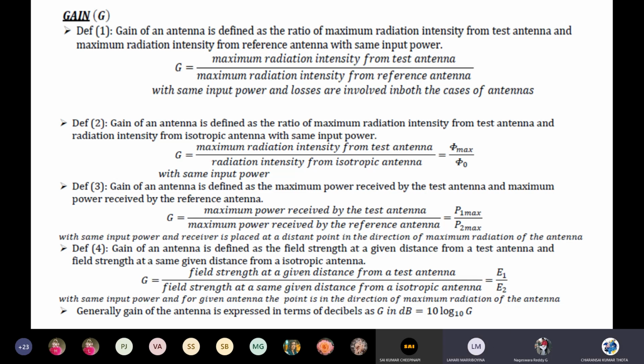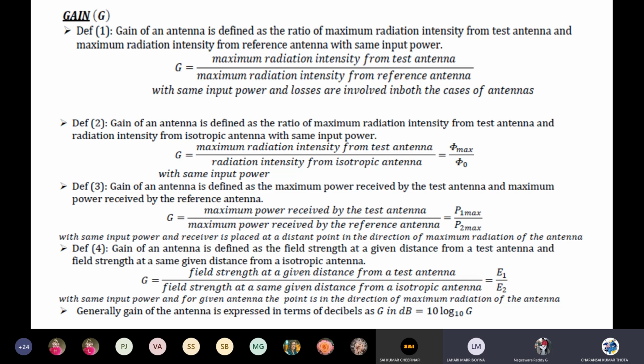Definition 3: gain of an antenna is defined as the ratio of maximum power received by the test antenna and the maximum power received by the reference antenna. So G is equal to P1 maximum by P2 maximum.